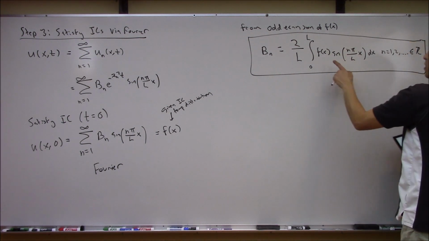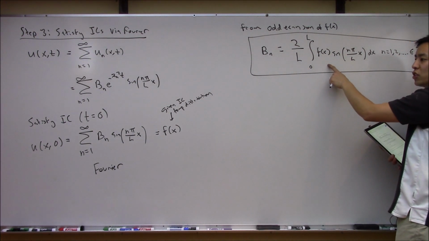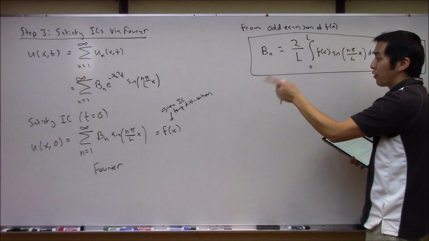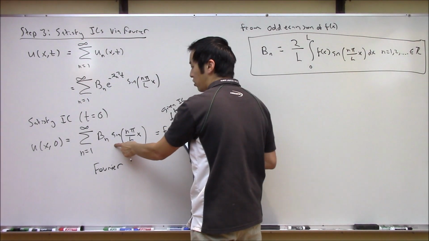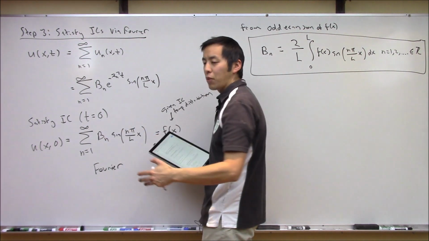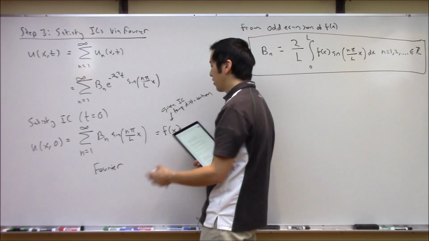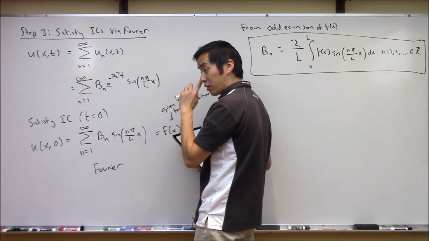This tells us how to calculate the coefficients of the Fourier series. Then we just need to calculate an infinite number of these to get our actual initial temperature distribution.